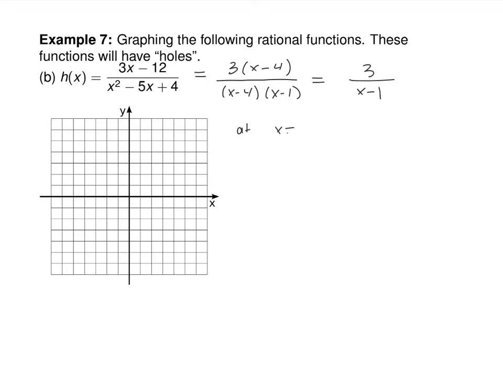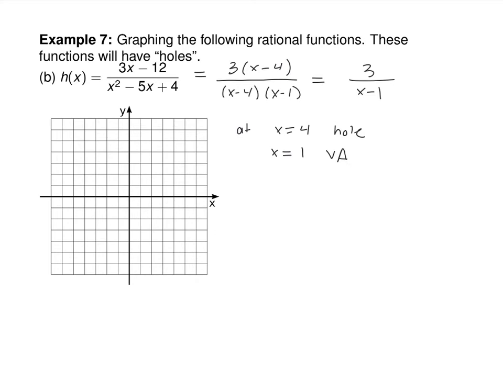So at x equals 4, there's just going to be a hole there, a missing value. At x equals 1, what do you have? That one didn't cancel, did it? If it doesn't cancel, that's the vertical asymptote.